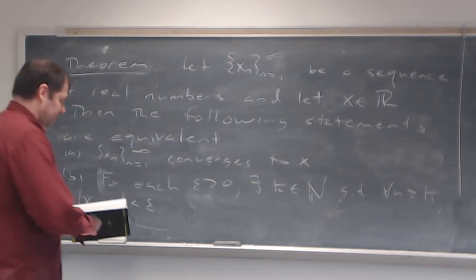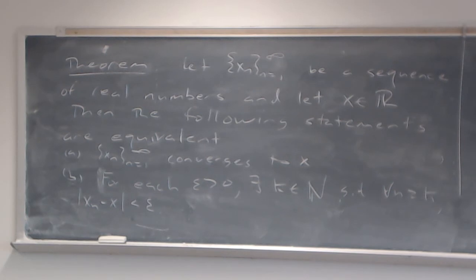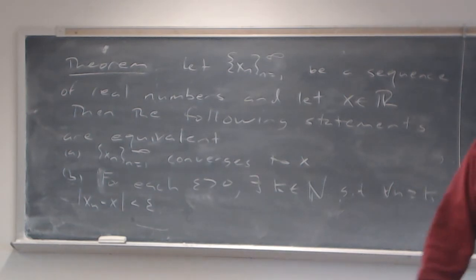So those two statements are equivalent, but there's more that are equivalent. Is that just the definition? It sure is. That's going to be our proof. From the definition, from A we get to B.